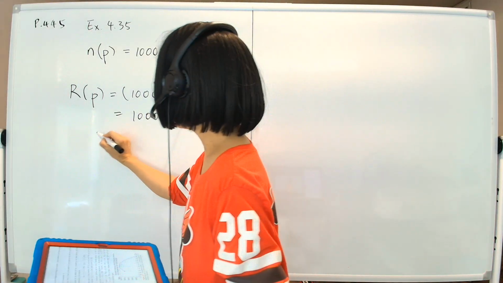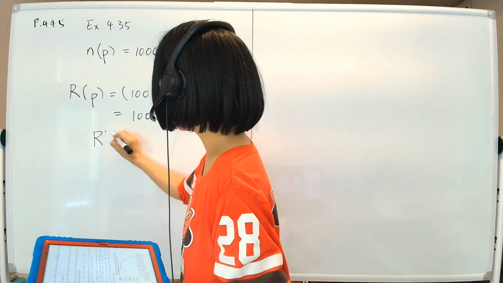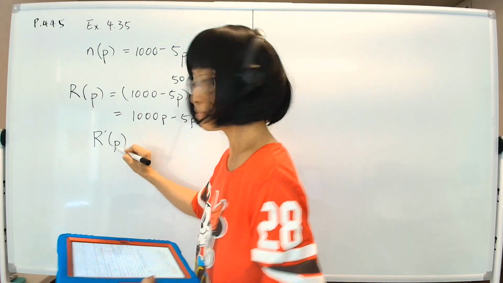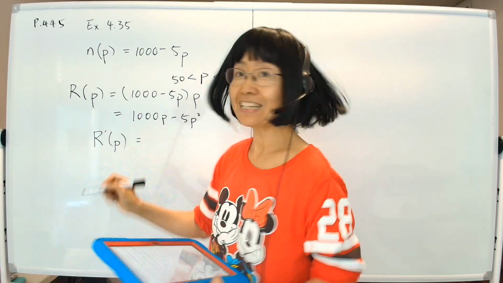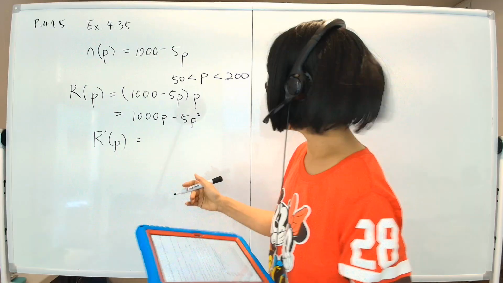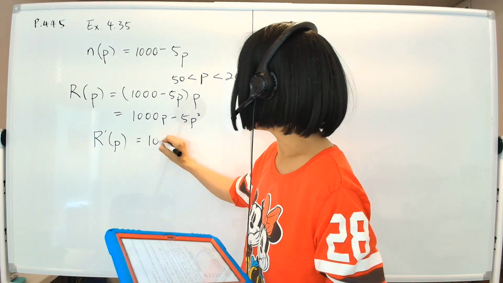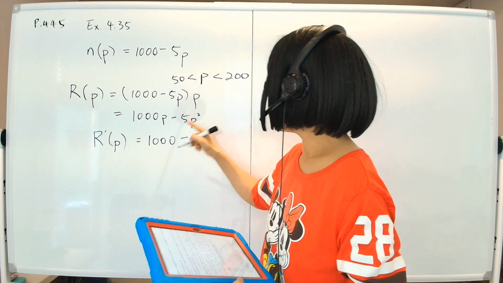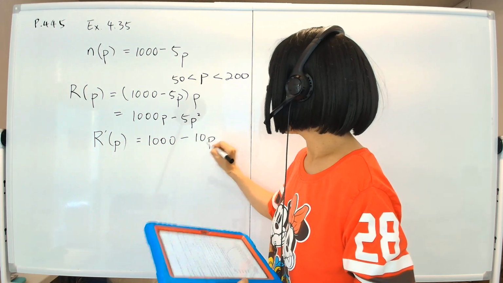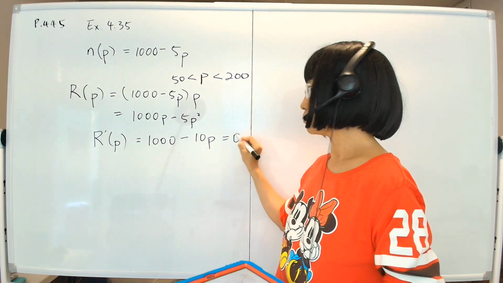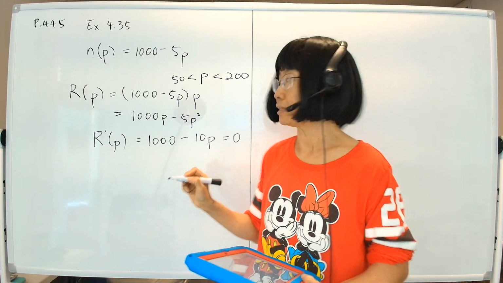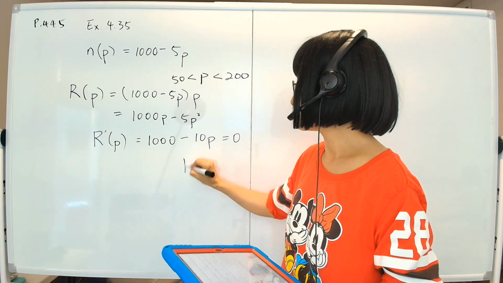So the derivative, which in this case happens to be very simple, so I'm going to do it. I'll pick the easy one to beat up, right? That's 1,000 minus 10p, and if we set that equal to 0, that means p equals 100.